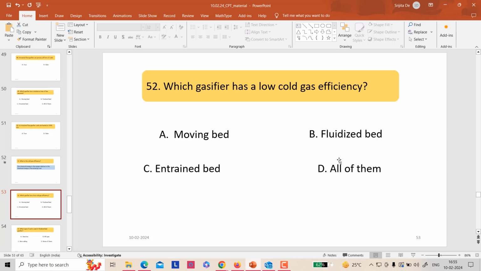So the product energy is much higher than the entering coal energy. But in case of entrained bed, what happens? Only the syngas is produced, so the product chemical energy is lesser than the entering coal energy. So that is why entrained bed coal efficiency is low.